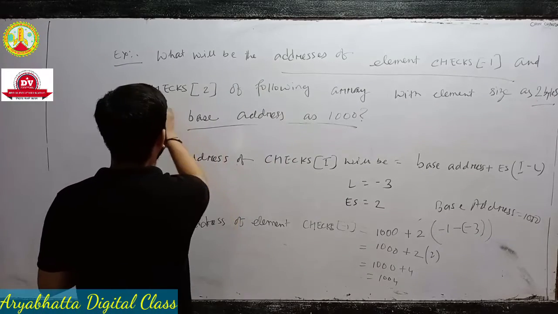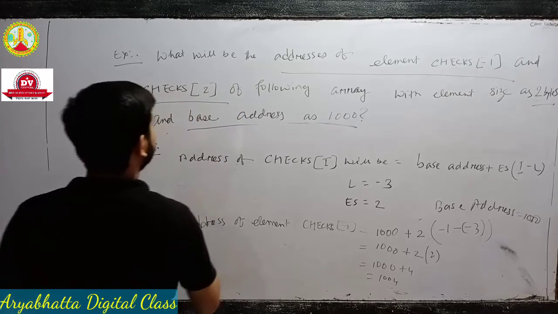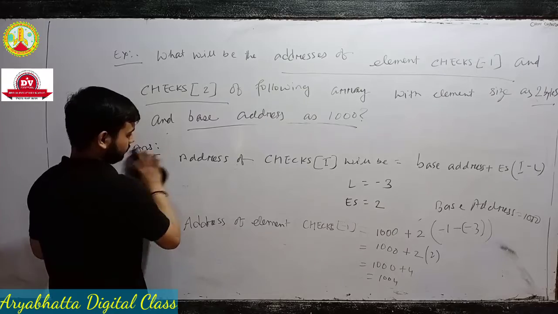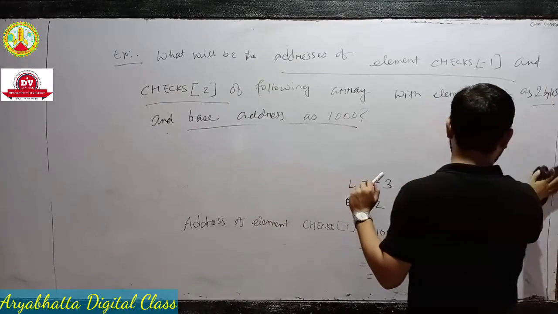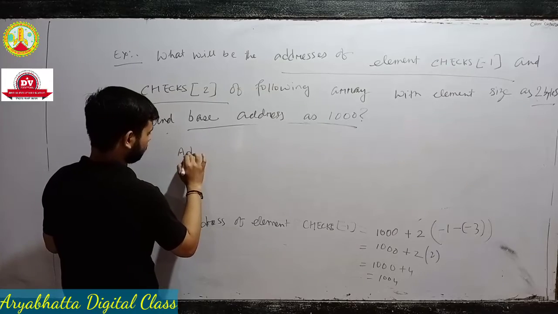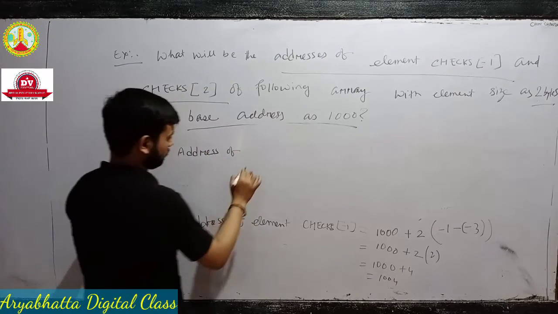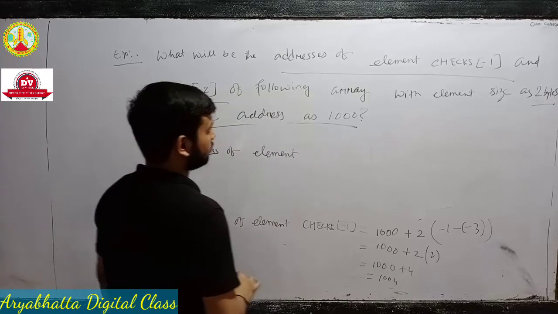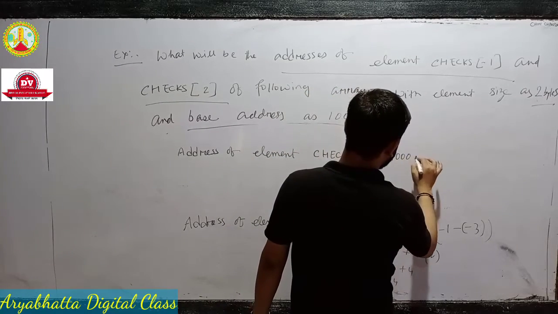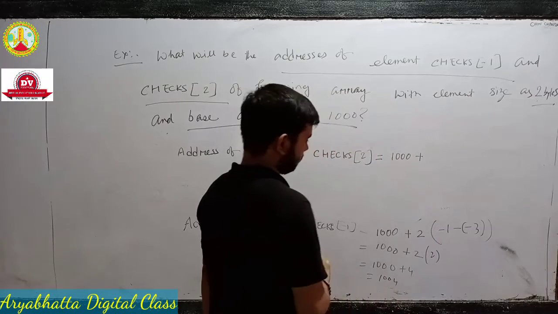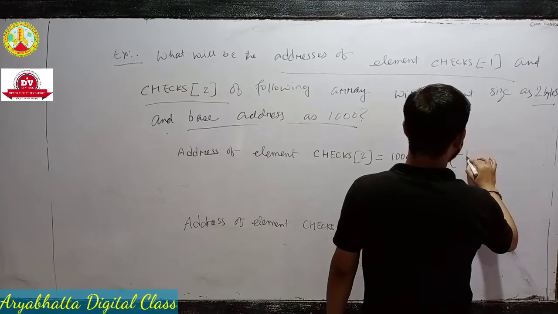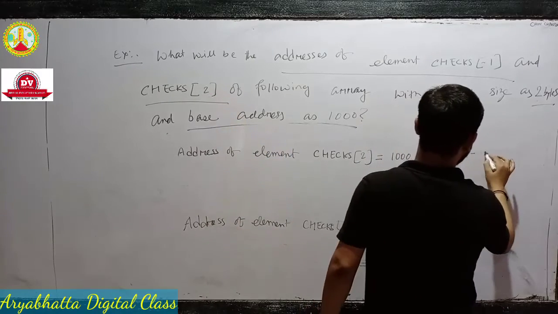Next we have to find the address of this element. Base address 1000, ES is 2, subscript is 2, lower bound is -3.